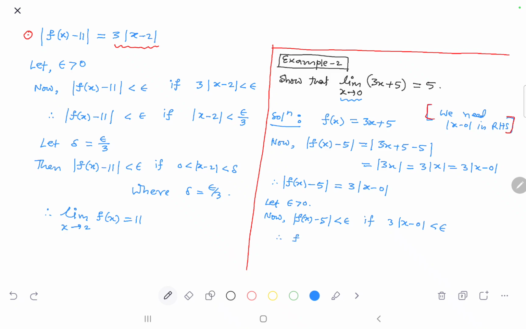So we get that it is less than epsilon if |x - 0| is less than epsilon by 3. So let delta equal epsilon by 3. Then we get |f(x) - 5| less than epsilon if 0 less than |x - 0| less than delta. Is it clear?